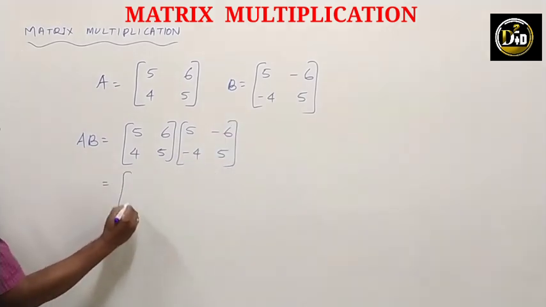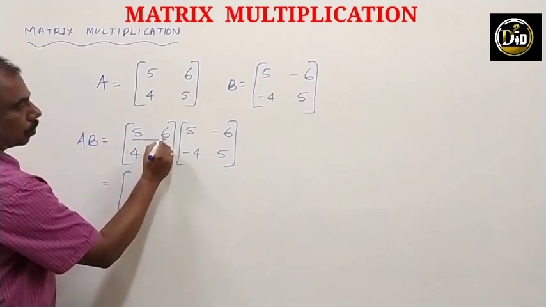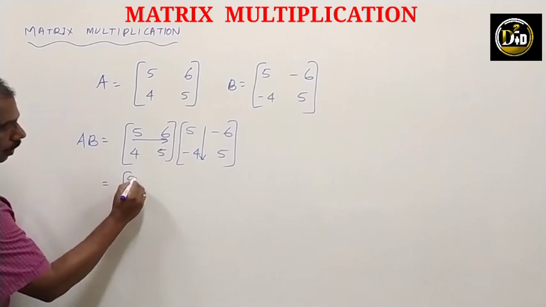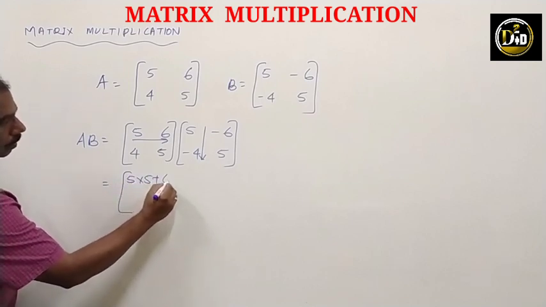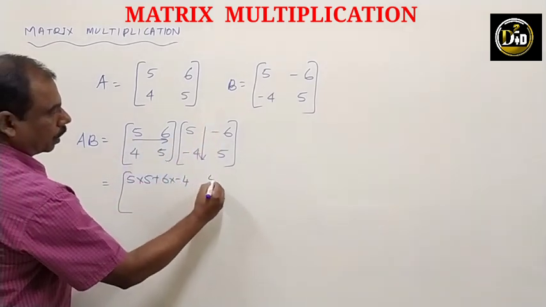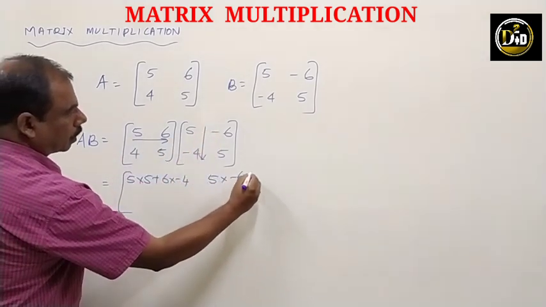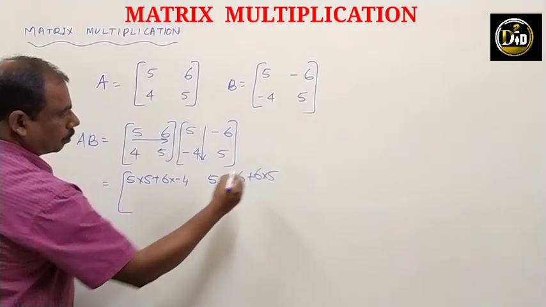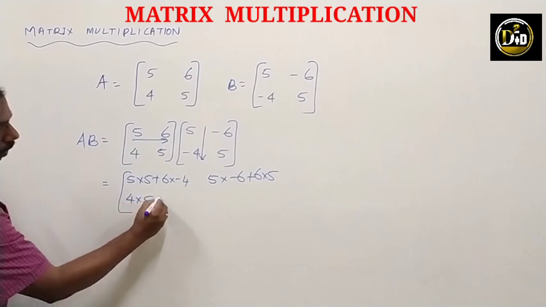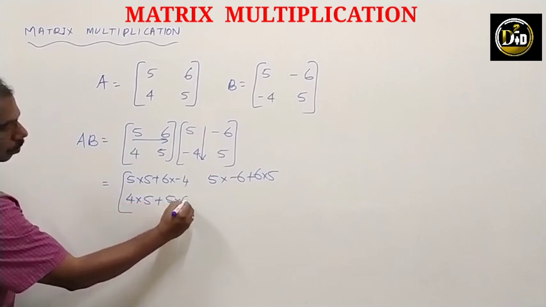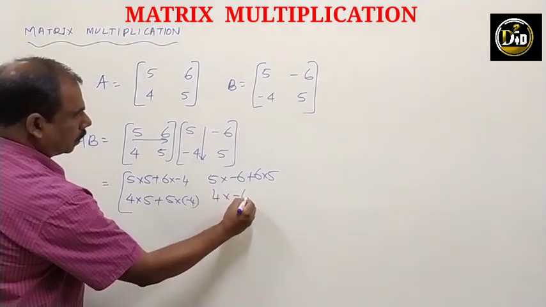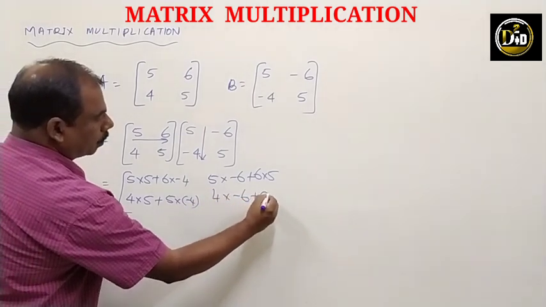That is 5 into 5, 6 into minus 4, 5 into 5 plus 6 into minus 4. Going to the next column, 5 into minus 6 plus 6 into 5, and then second row, 4 into 5 plus 5 into minus 4, and next 4 into minus 6 plus 5 into 5.